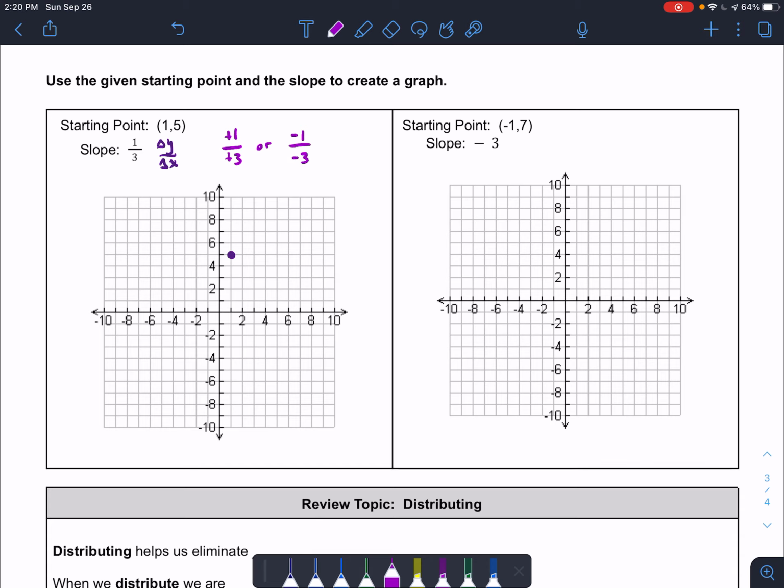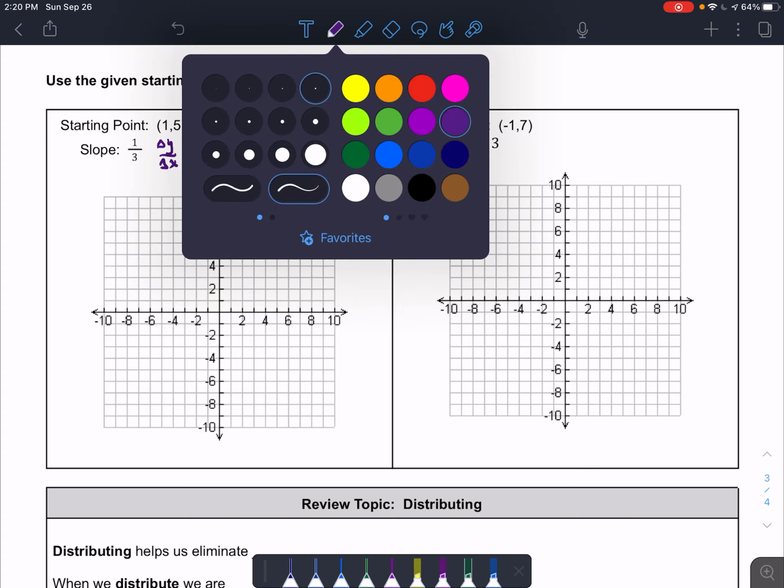And so we're going to use these two concepts to get some more points. Let's focus on this one for right now. If I go up 1 and then +3 in the x direction, that would be something like this. So I'd go up 1 and then right 2, 3, and I'd get another point.